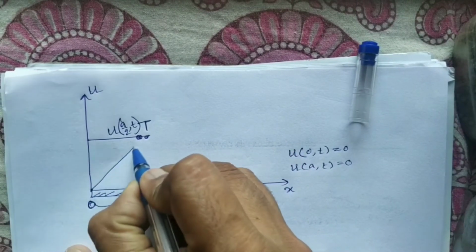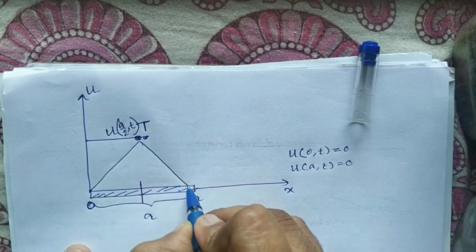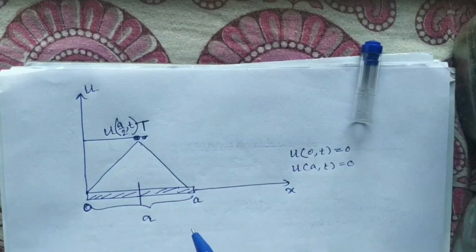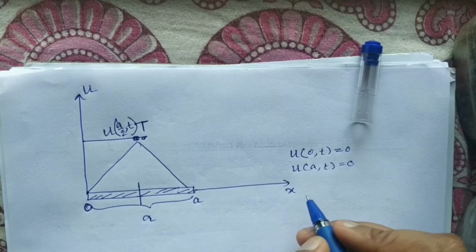So the curve of temperature looks like that. Find the temperature function u(x,t).